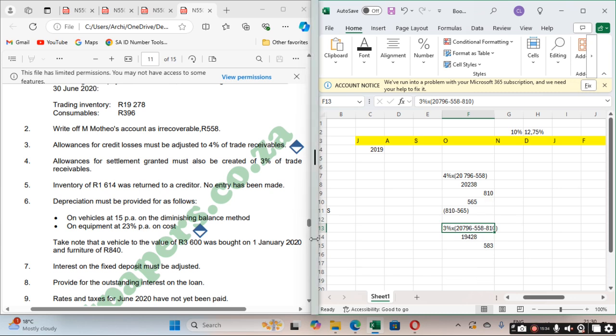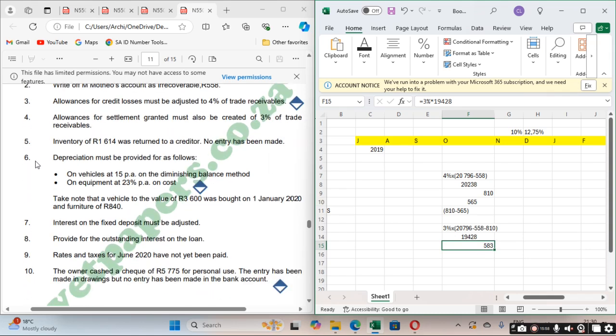Then that's when you're calculating your 3%. And your 3% is going to be 583. So under your operating expenses, you write that allowance for discount allowed, and your total answer is 583. If you want, you can show your calculations in brackets. I don't think you're going to get marks for that, but you can still do that.